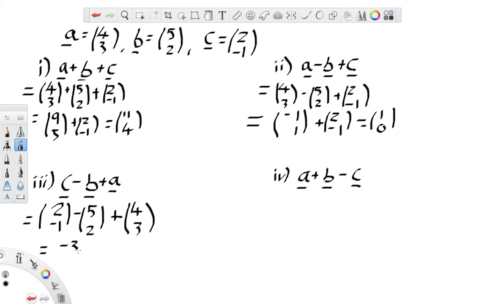Then we've got minus 1 minus 2, which again is minus 3. And then we're adding on (4, 3) to that. So minus 3 plus 4, well that is 1, and then minus 3 plus 3, that's 0.